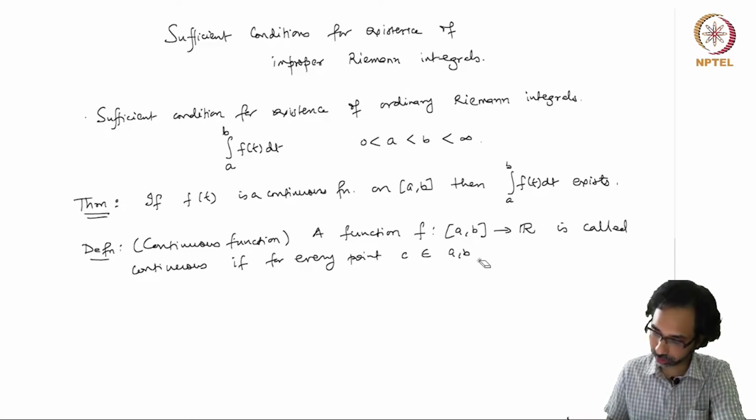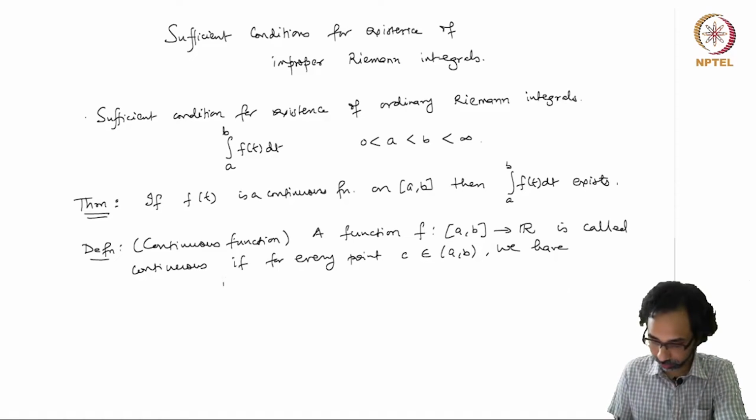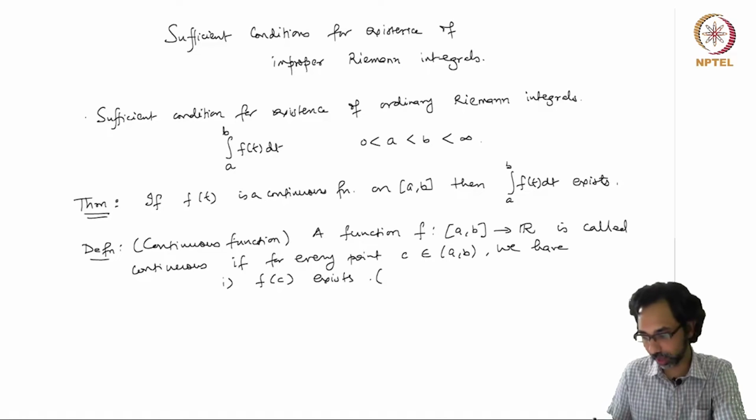First of all, let's take it in the open interval (a, b). We have, first, that f(c) exists. Again, exists means it is finite.